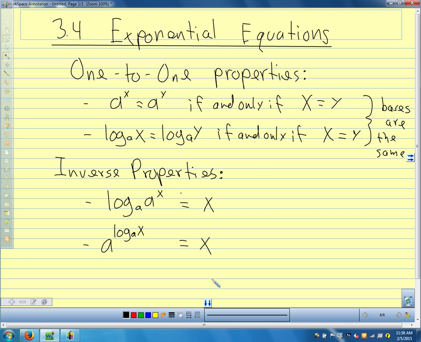Inverse functions undo each other. And a lot of times students say, oh, they cancel each other out. Not really canceling. One does the opposite of the other. So it's kind of like canceling, but technically it's not canceling.